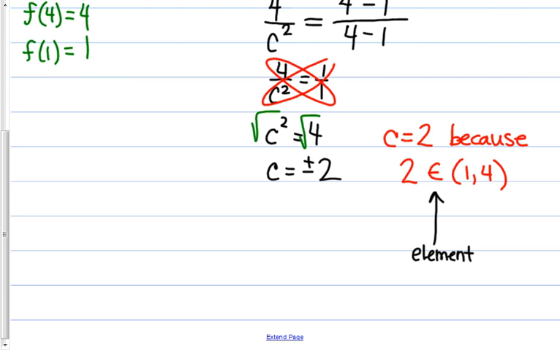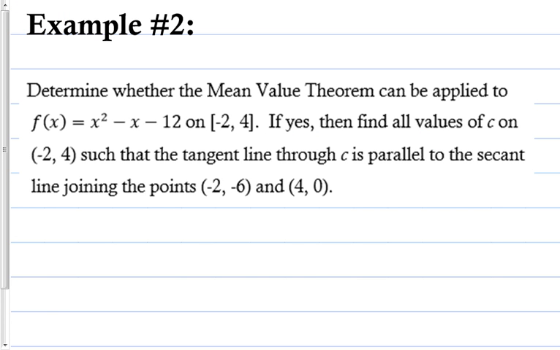It belongs in there. It's part of it, right? Because I have 1, 2, 3, 4. All right. So my answer is 2. And I found it using the mean value theorem because it was guaranteed. There were just 2 of them, but one of them was not in my interval.